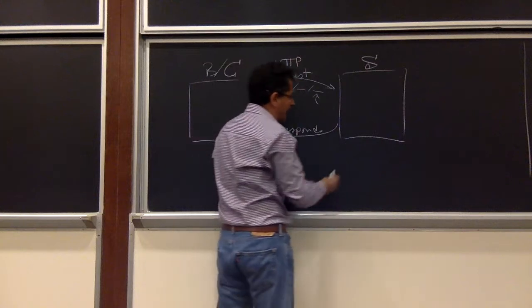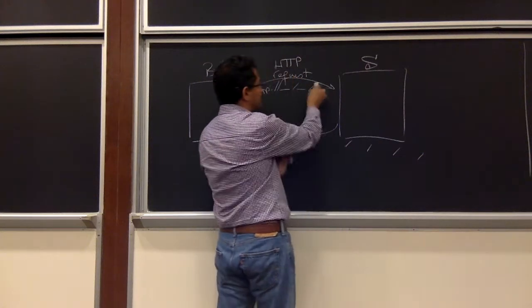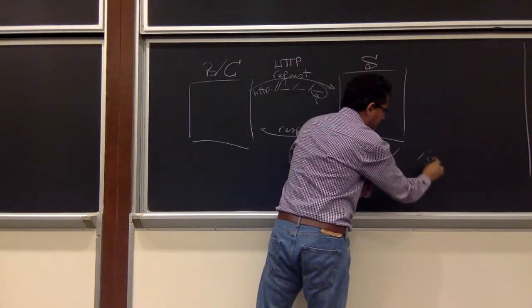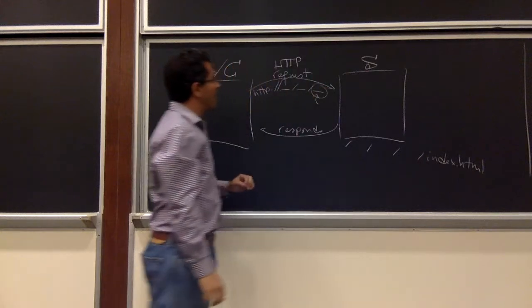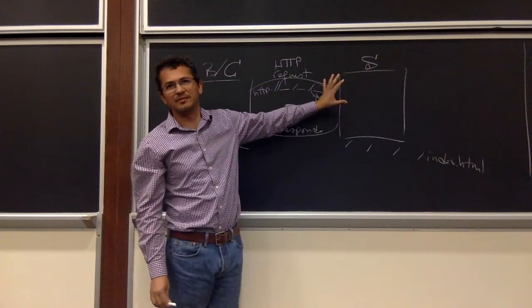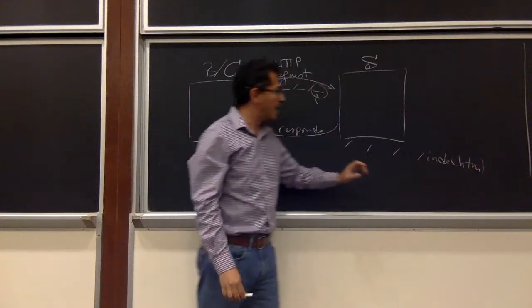This typically maps to a physical directory on the file system of the server, and this maps to some file, typically maybe an index page and whatnot. This is typical, that this maps to a physical file on a file system.